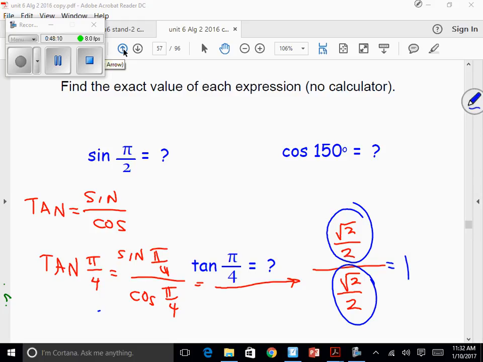Go ahead and hit sine. I wish I had it on the board so I could do it there. Hit mode to make sure it's ready.